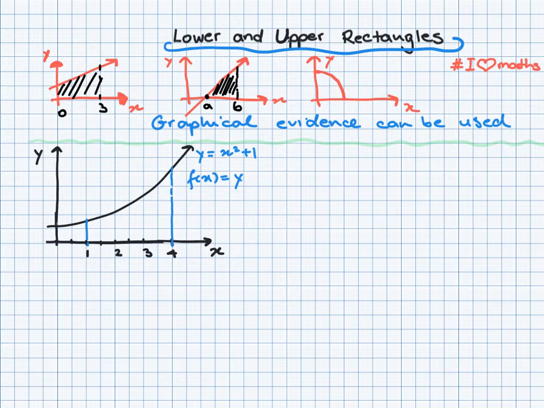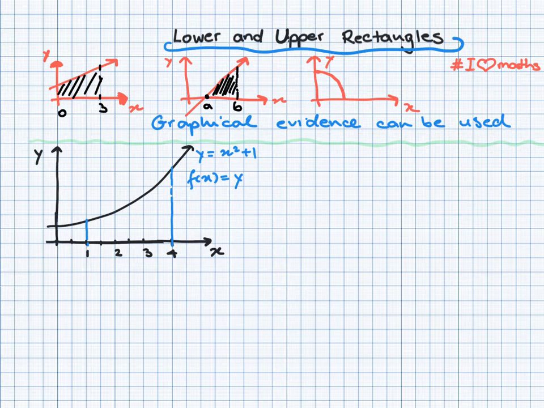You may say it looks like a trapezium. It's not exactly a trapezium, but if you draw a line here, we can use the area of a trapezium, but then we are left with this area here. So we would have some approximation of this area, but it's not the best estimate.